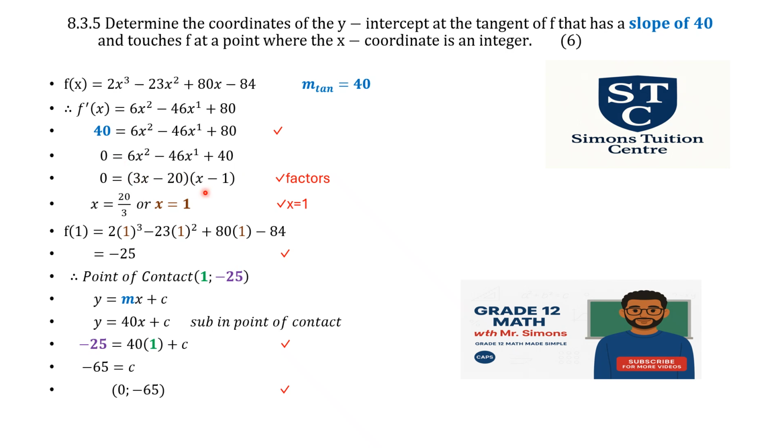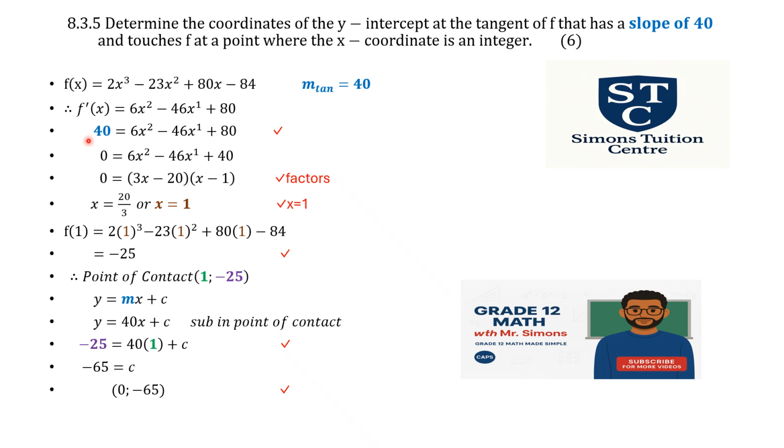So 3x times x gives me the 3x squared there, minus 20 times negative 1 gives me the plus 20 there, and minus 20x minus 3x gives me minus 23x. Right? So therefore x equals 20 over 3, or x equals 1.